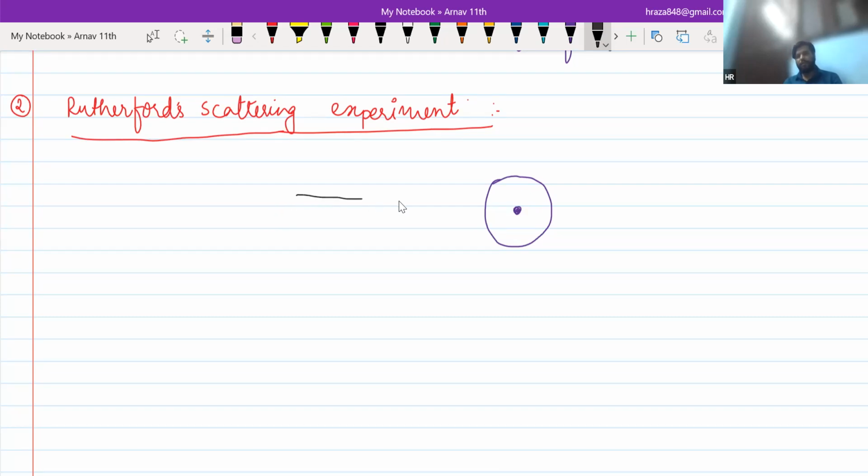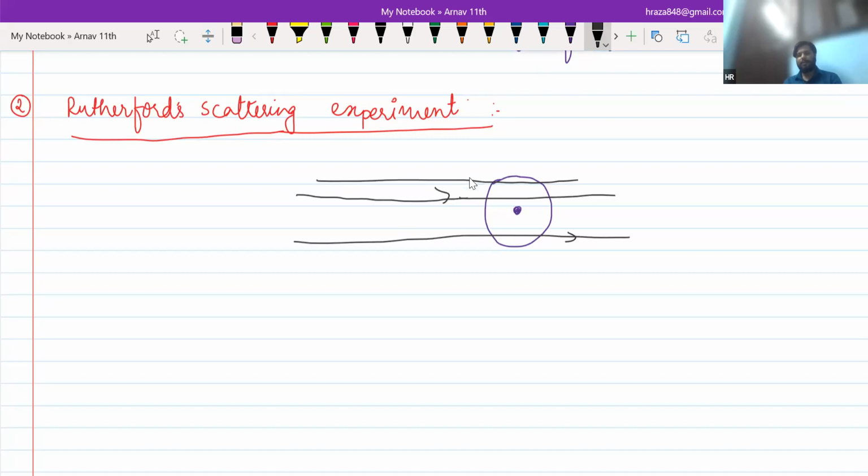So he saw that most of the alpha particles pass through the atoms without any deviation. Very few alpha particles are deflected by small angles, and 1 in 20,000 alpha particles retraces its path.